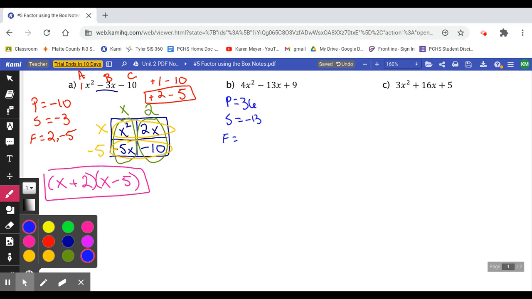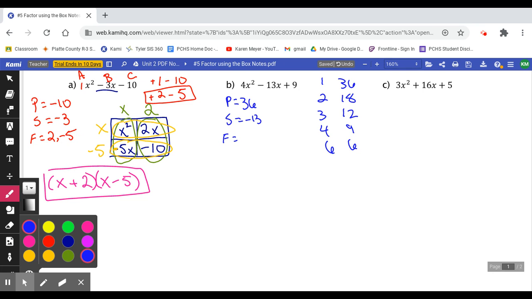So I'm going to make a little list here. 1 and 36. 2 goes in there 18 times. 3 goes in there 12 times. 4 goes in there 9 times. 5 doesn't go in there. And 6 goes in there 6 times.